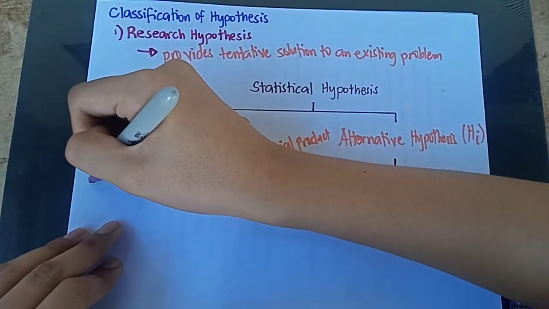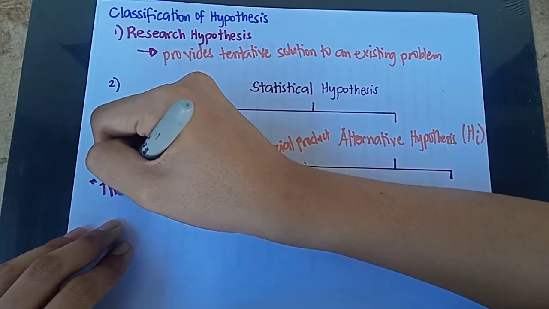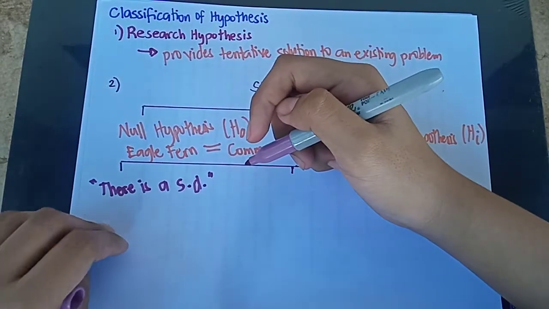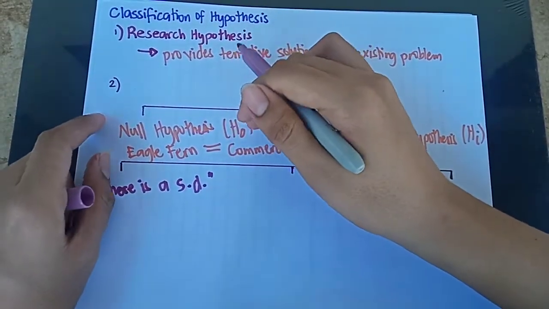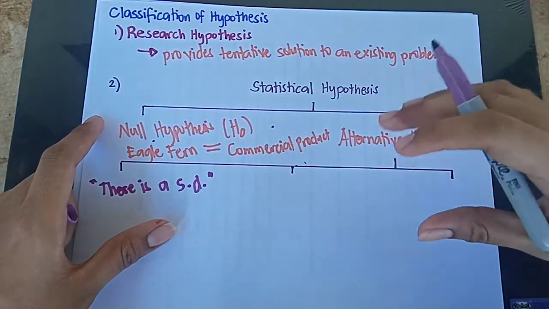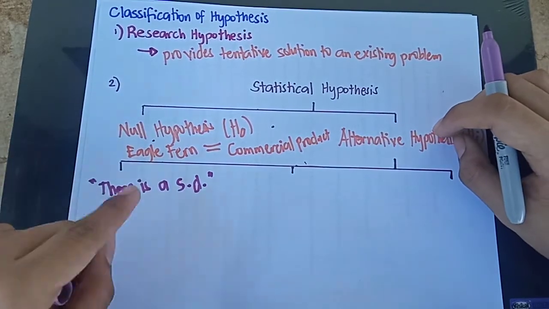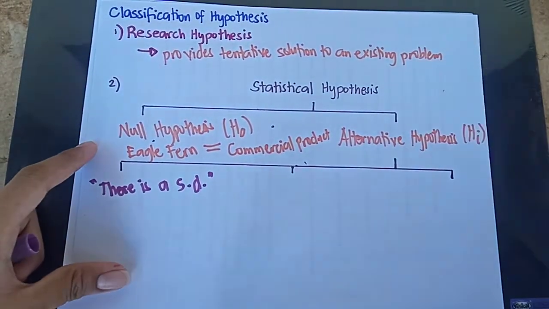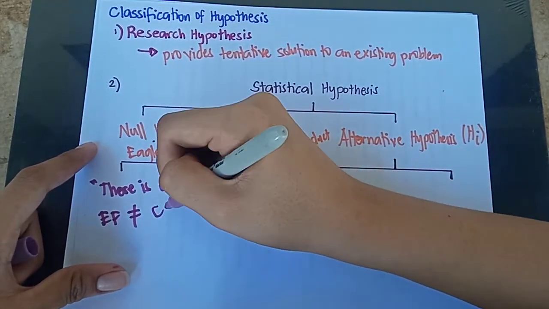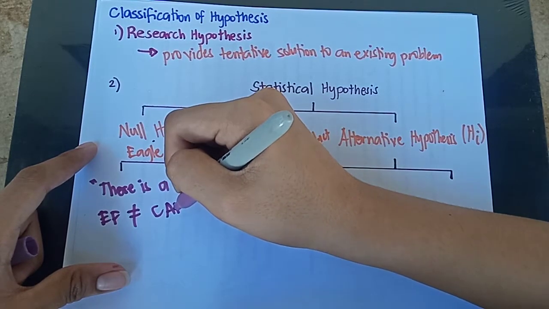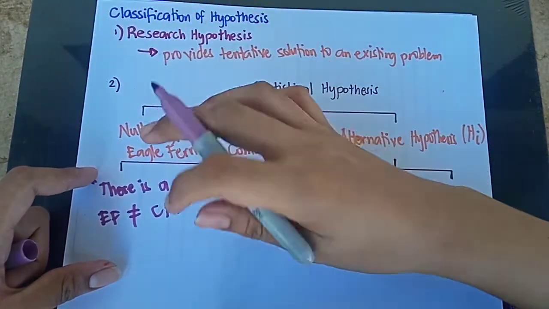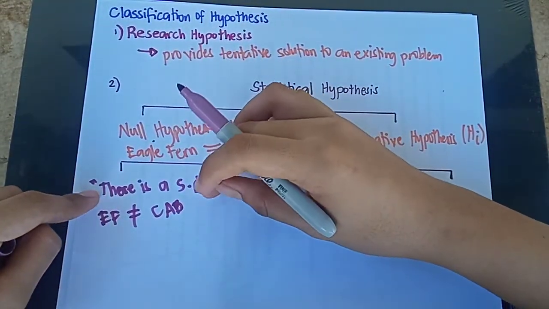In null hypothesis, there is no significant difference, so the IV and the commercial product are equal. However, in alternative hypothesis, we can say that there is a significant difference, meaning eagle fern is not equal to the commercial antibacterial product, because there is a significant difference.